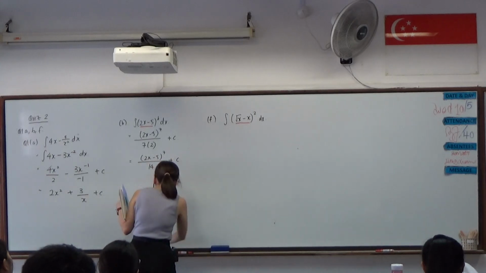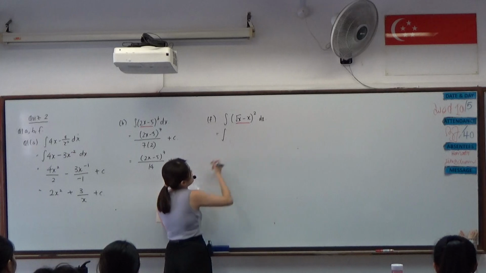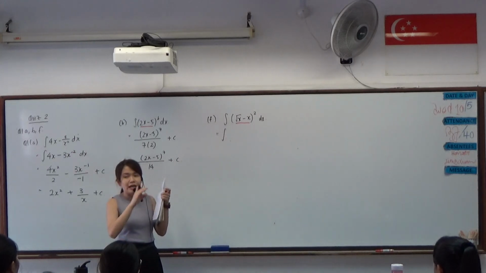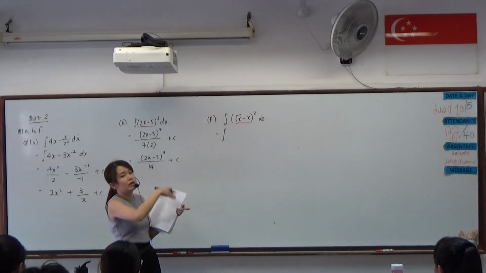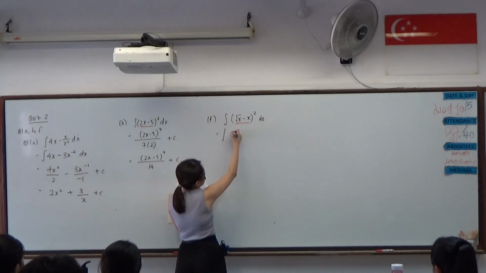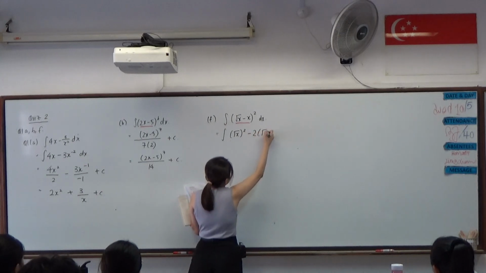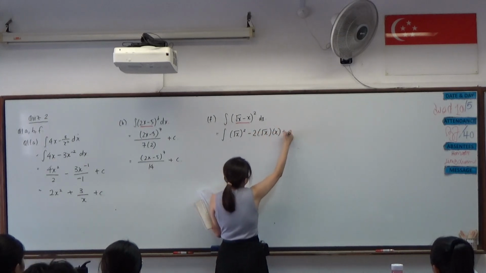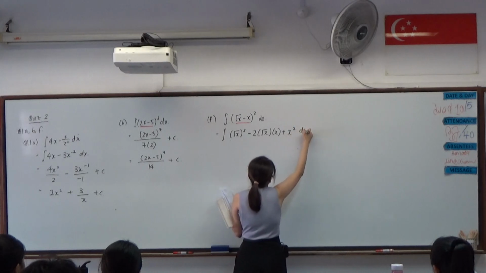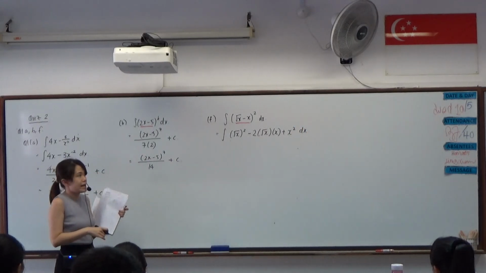So therefore, what you need to do is to expand this thing, using either the special identity that you learned in Sec 2 or else your rainbow method. If you use the special identity, it will mean a squared minus 2ab plus b squared, whereby your a is square root x and your b is x.